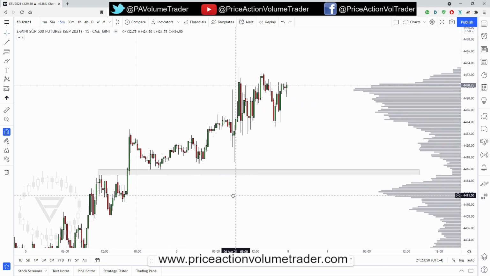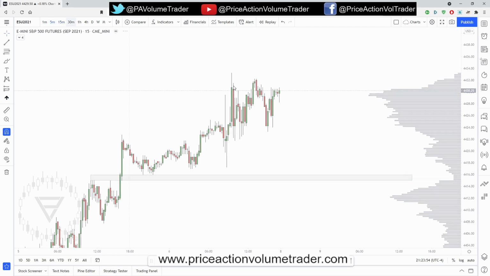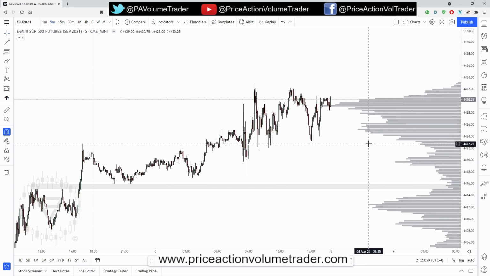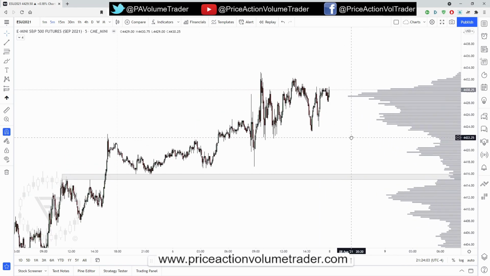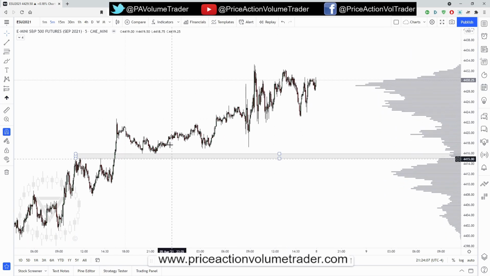So now I will zoom out into my intraday charts. In this case, this is a 15-minute chart, or I can go down into my 5-minute, which is the time frame I use. And then over here, any bearish price action or any move down.